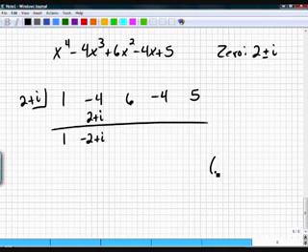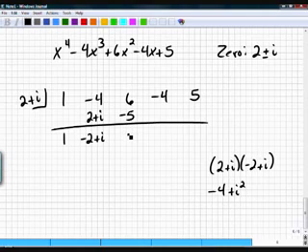Foil that out, you've got 2 plus i times negative 2 plus i, which would be negative 4, well, let me wait before I do that. Negative 4 minus 2i plus 2i cancel each other, so i and i plus i squared. What is that? Negative 5.